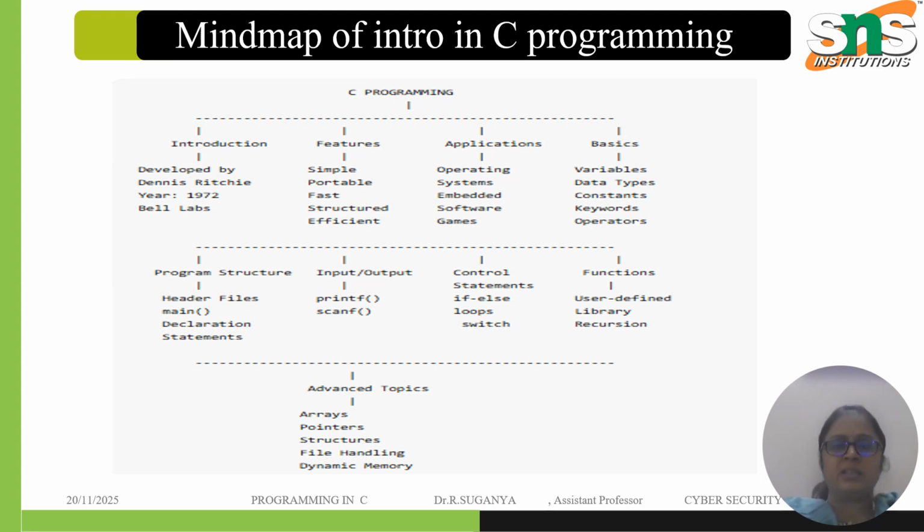So what are the main concepts behind this intro to C programming? The introduction: it was developed by Dennis Ritchie in 1972 at Bell Labs. The features are that it is simple, portable, fast, structured and efficient.